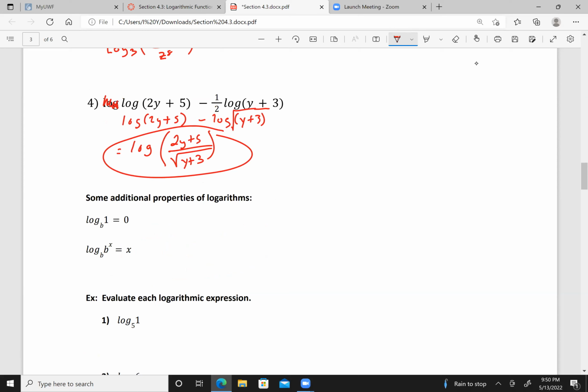Couple more properties here. The log base b of 1 is 0 because b to the 0 power is 1. And the log base b of b to the x is x. So let's see.